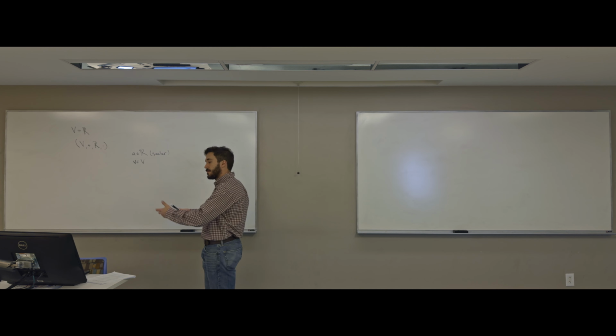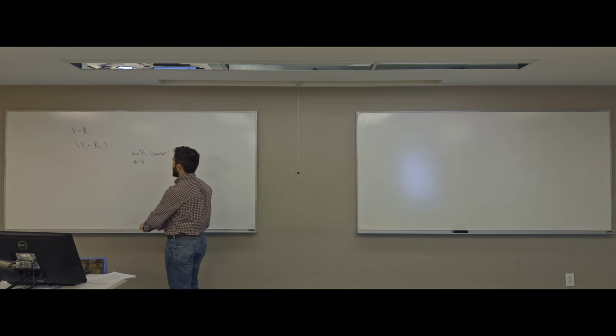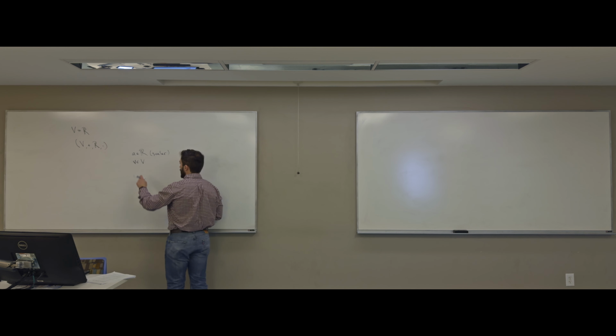I just say we can add them, and then we get something called sums of the vectors. And then you have a scalar field for any vector space. You should be able to scale stuff, and you have an operation for doing so. So you take an element of the scalar field, you take an element of the vector space, and you should be able to form something like this. And you get that this is an element of the vector space.